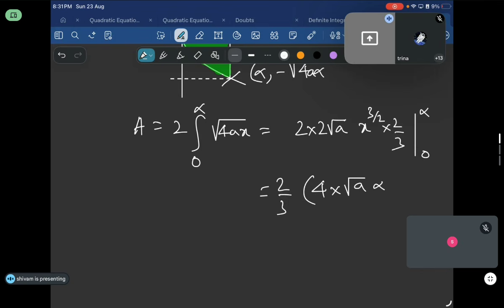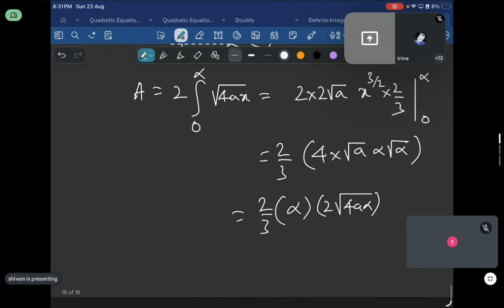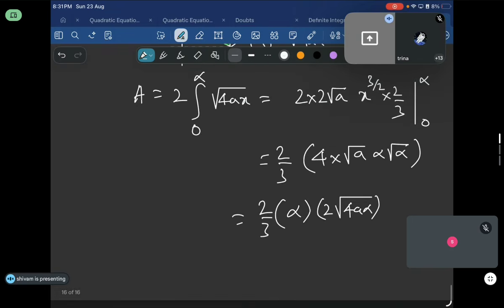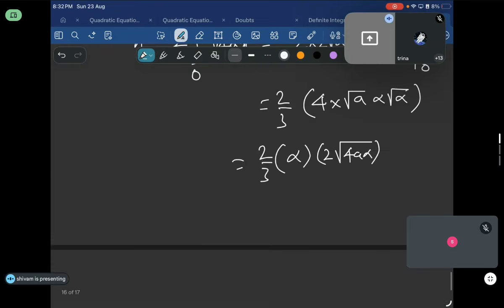So alpha into root over alpha. Right, tell me, are you people getting it? It should come as area of rectangle. Let's see. 2 by 3 into alpha into 2 root over 4a alpha. Just check. So 2 by 3 into area of rectangle. Those who are online, are you people getting it? Next.